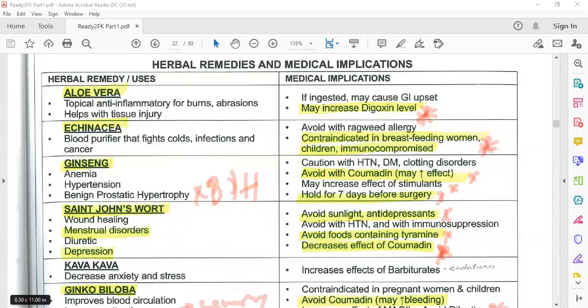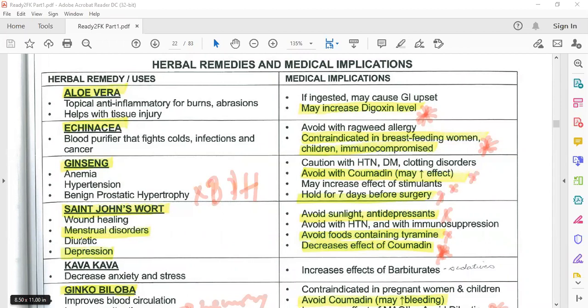So ginseng, Ginkgo biloba, ginger, or garlic should never be given with blood thinners together, because they increase the bleeding time and increase the effect of the blood thinner or anticoagulant.